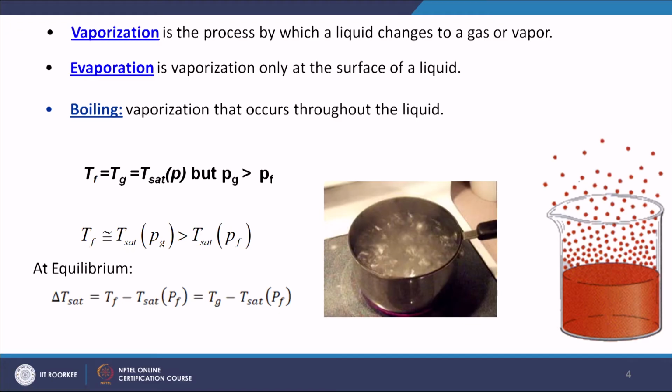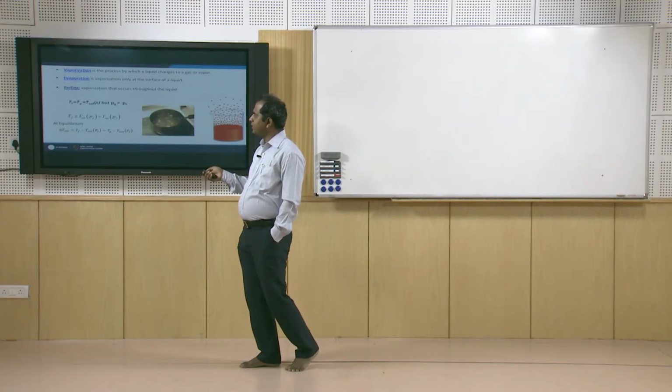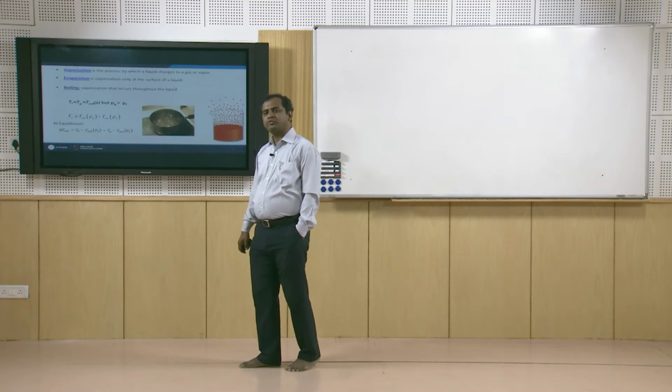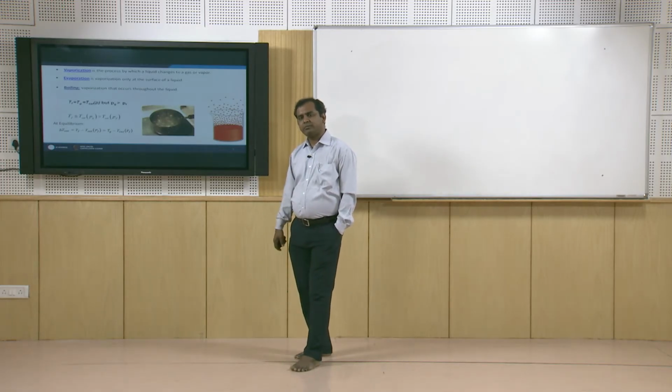pressure. As the pressures are different, the liquid temperature and vapor temperature are not similar. You will find that the liquid temperature is more or less equivalent to the saturation temperature corresponding to the vapor pressure. Now, what is the saturation temperature corresponding to this vapor pressure? We have already understood this in thermodynamics.